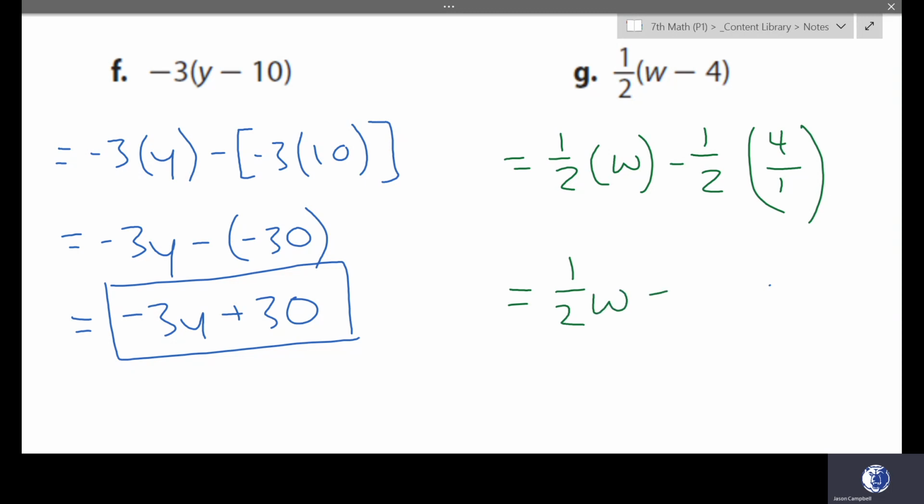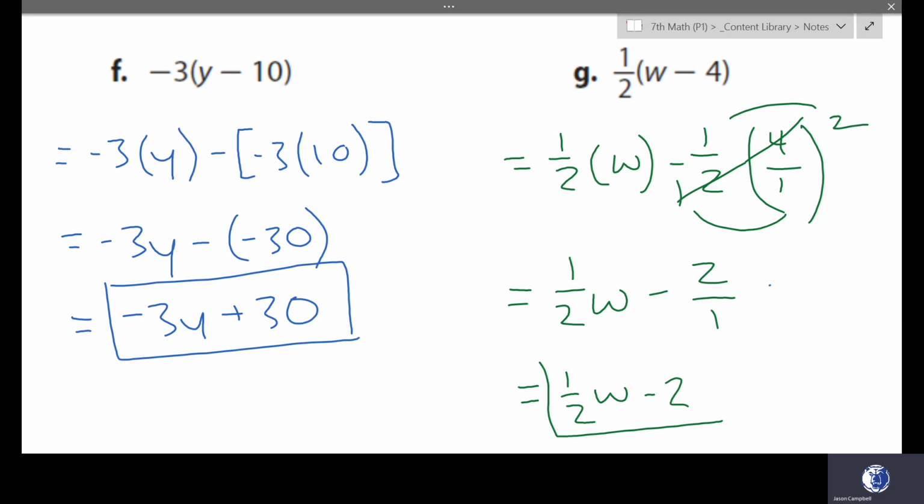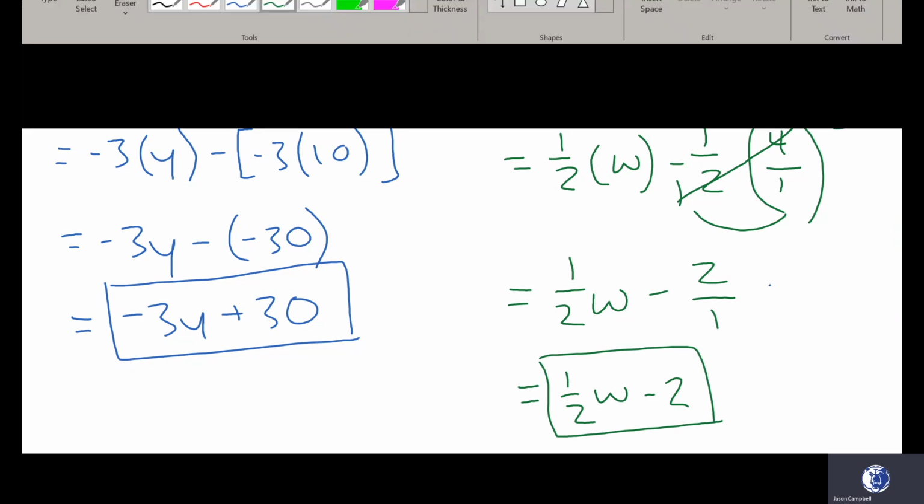And then we subtract. The 2 and the 4 cross cancel. 2 goes into 4 2 times. So on top, 1 multiplied by 2 is 2. And on the bottom, 1 multiplied by 1 is 1. 2 over 1 is just 2. So this is 1/2 w subtract 2.